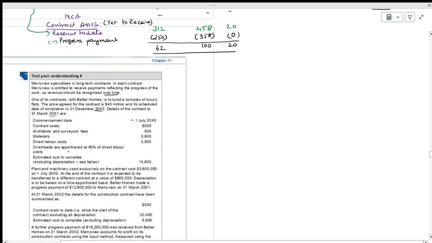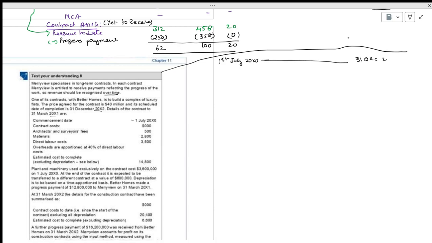I will put it line wise like this: from 1st July 2000 to 31st December 2002. They are talking about 31st March 2002.